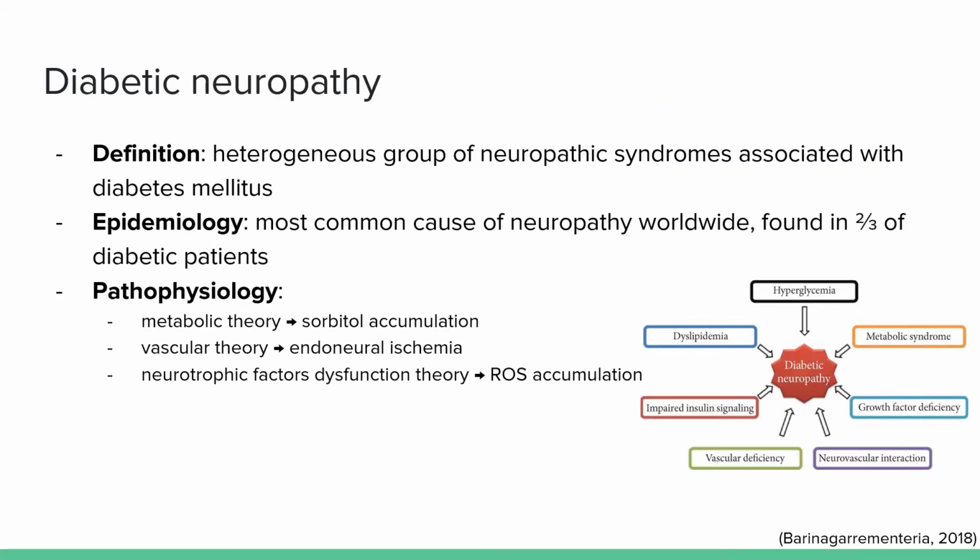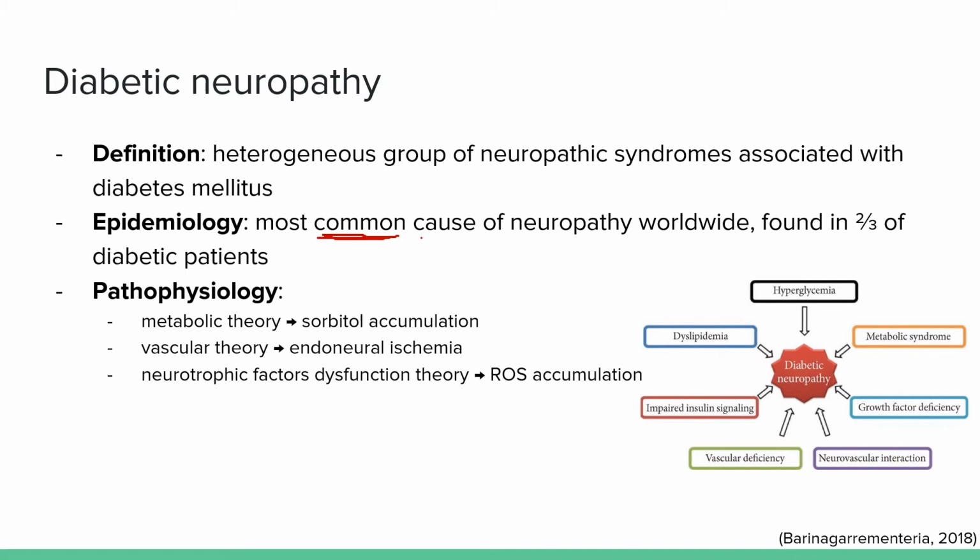Diabetic neuropathy presents as a heterogeneous group of neuropathic syndromes associated with diabetes mellitus. Epidemiology: it is the most common cause of neuropathy worldwide, and is found in up to 2/3 of diabetic patients. Regarding the pathophysiology, there are three main theories.